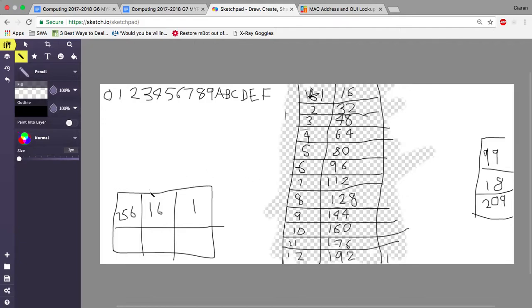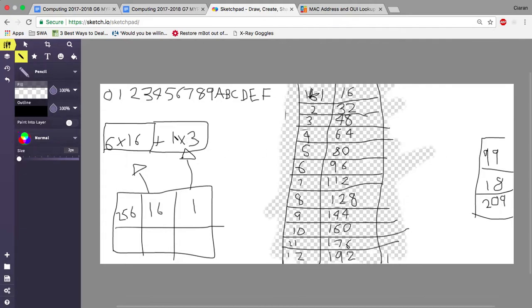So, here we can do something like this. 6 times 16 plus, and if you take 96 away from 99, you are left with only 3. So 1 times 3.